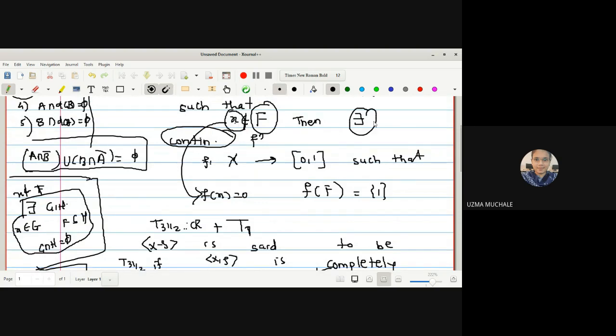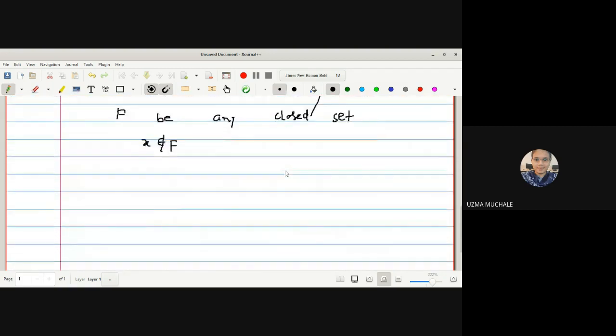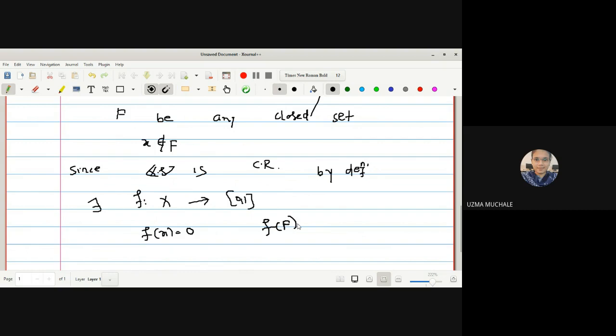Then there exists a continuous function which satisfies the condition: it maps the element to 0 and it maps the closed set to the singleton 1. Since X is completely regular, by the definition, if we find a closed set which does not contain the point x, then there exists a continuous function f from X to the closed interval [0,1] such that f maps the element x to 0 and it maps the closed set F to the singleton 1.